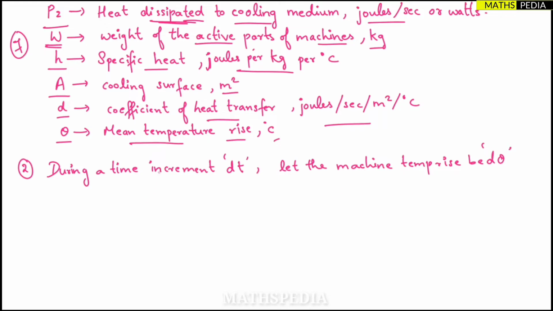Okay, temperature rise, theta is nothing but mean temperature rise. So we are considering the second step, it is nothing but during time increment dt, the machine temperature rise be what? The d theta.